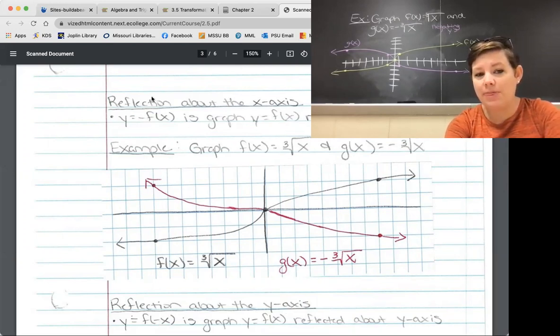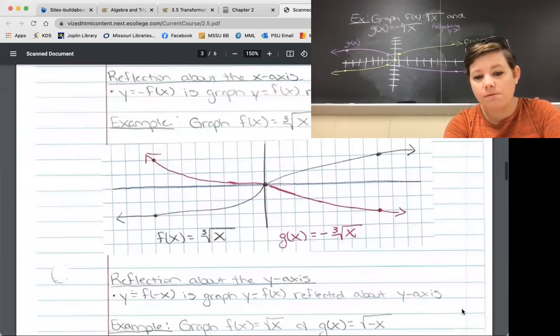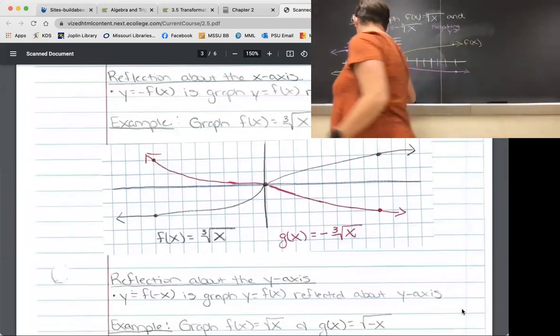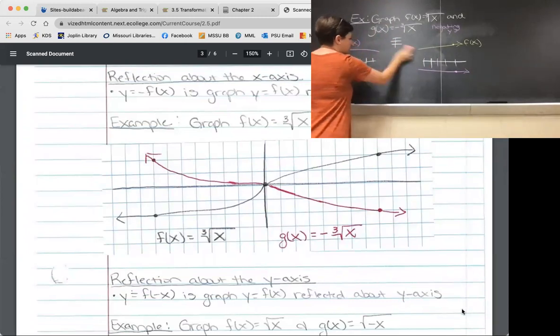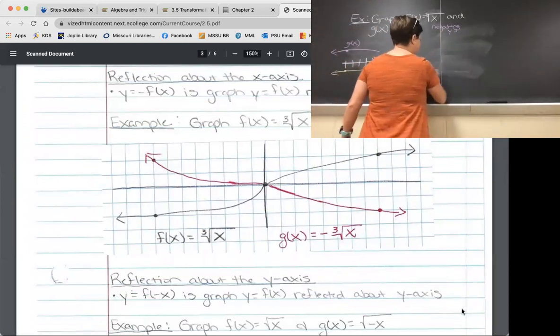When we reflected about the x-axis, that negative was outside of our function. And that's kind of how you tell them apart when you're just looking at the general forms. I'm going to erase and make my specific example graph ready for you.